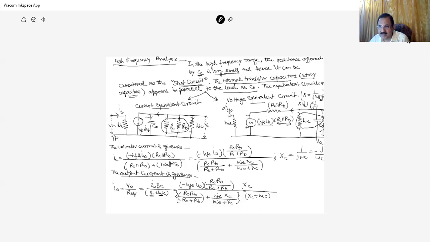Now the output current is HFE into IB, with RC plus RB plus this much, and this is the parallel combination of these two circuits. And this XC is multiplied with this part, which is the component of the output part, XC upon this HC plus HIE.